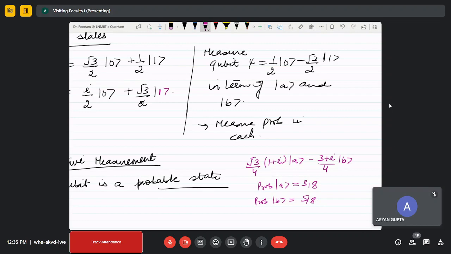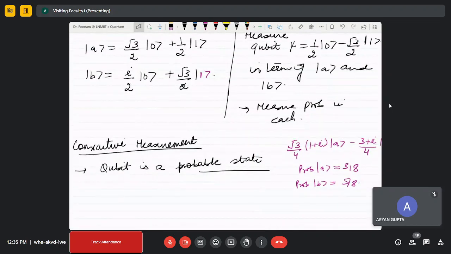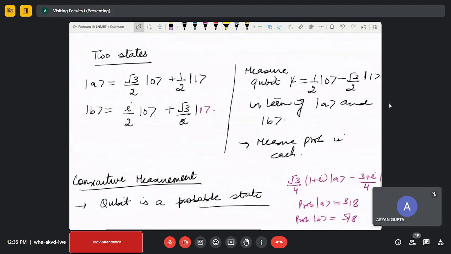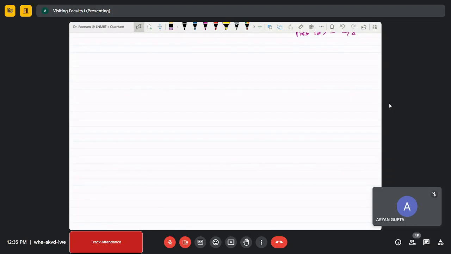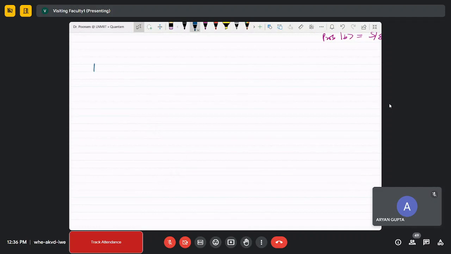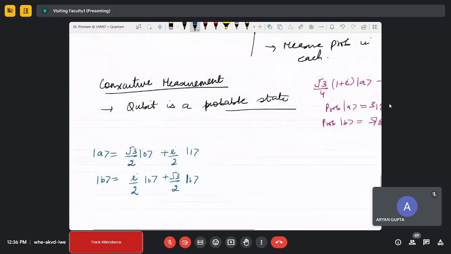I am getting wrong answer. Okay. A is I have written the same one.